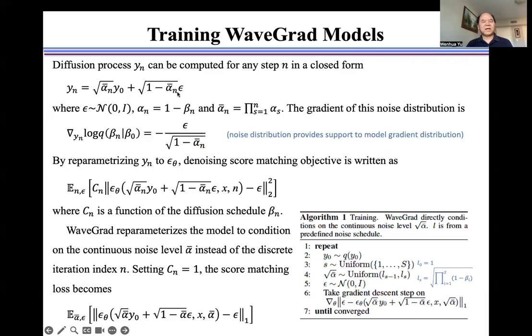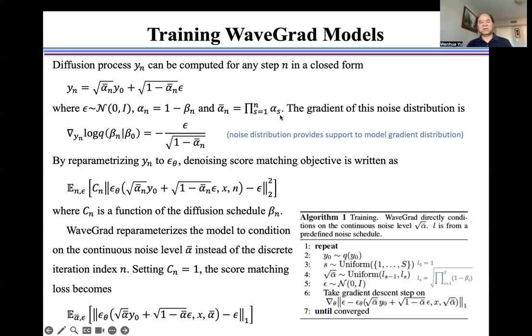Diffusion process y_n can be computed for any step n in closed form, as shown here, where epsilon is sampled from a normal distribution, alpha_n is equal to 1 minus beta_n, and alpha_n bar is the product of the alphas.